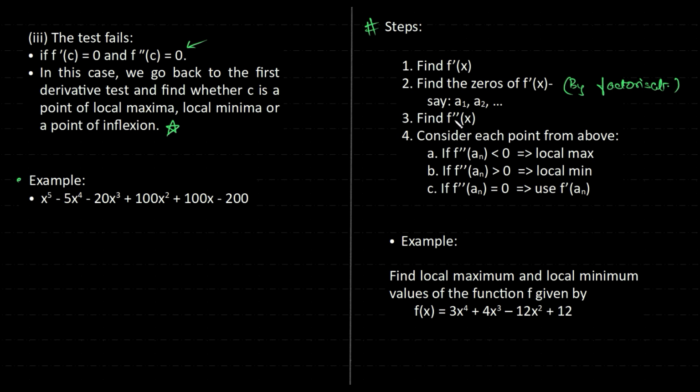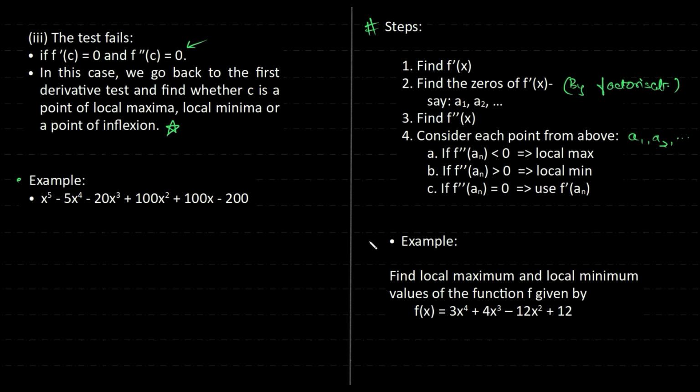Then also figure out f double prime of x, and then substitute the values f double prime of a. Basically, we're going to take up each of the points a1, a2. Those are the points which we're going to pick up. Substitute them and we will conclude the following depending on the result.